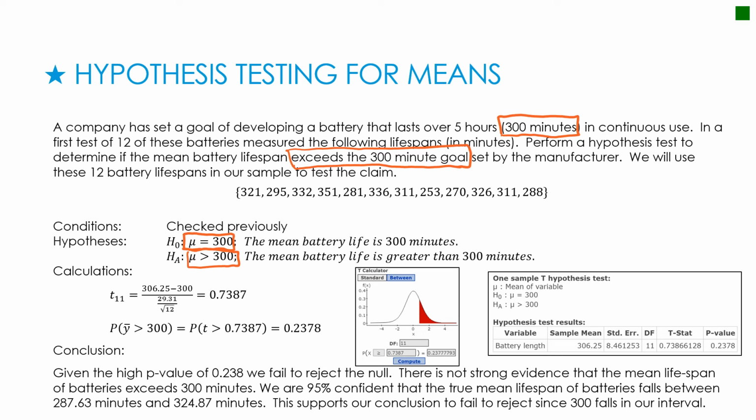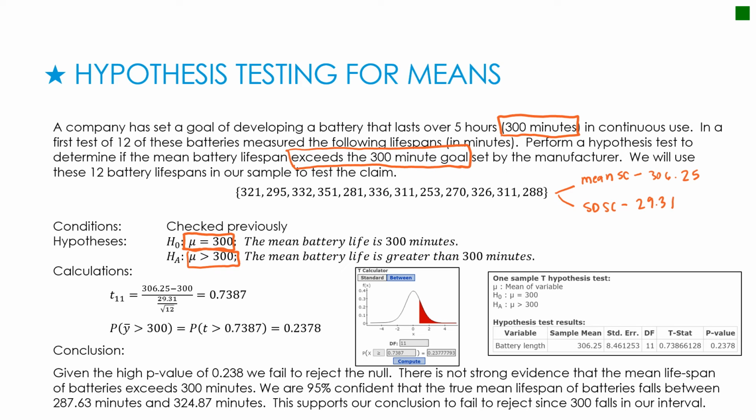That's my hypotheses. For my calculations, I'm going to find a t-score. The t-score uses the mean, and again, I did this in StatCrunch on the previous question, and I just didn't have room to put it on the slide. The mean, according to StatCrunch, was 306.25, and the standard deviation was 29.31.